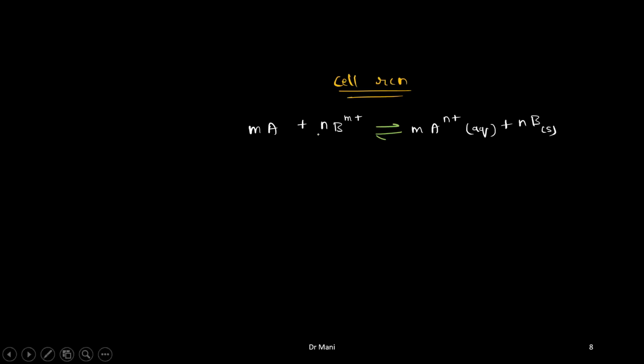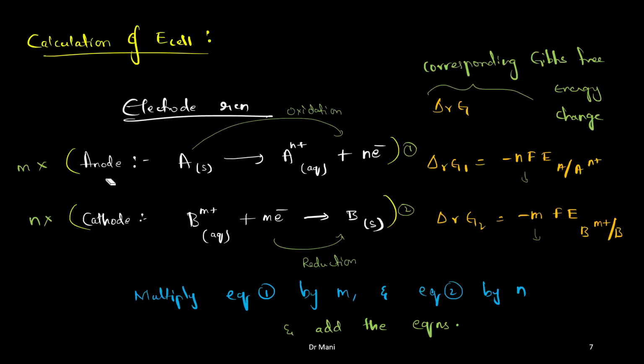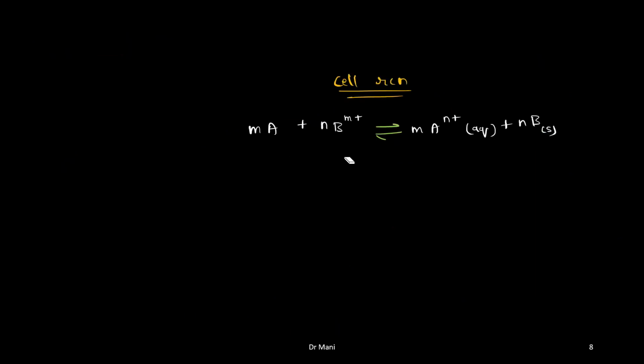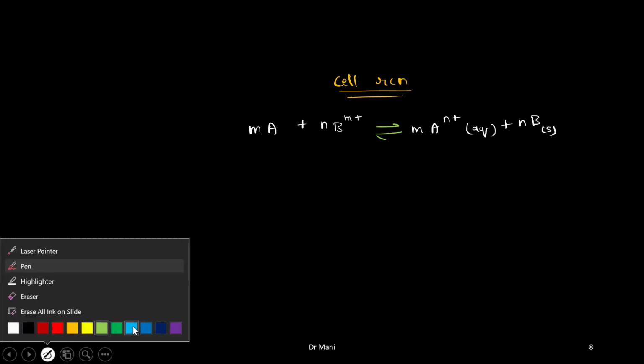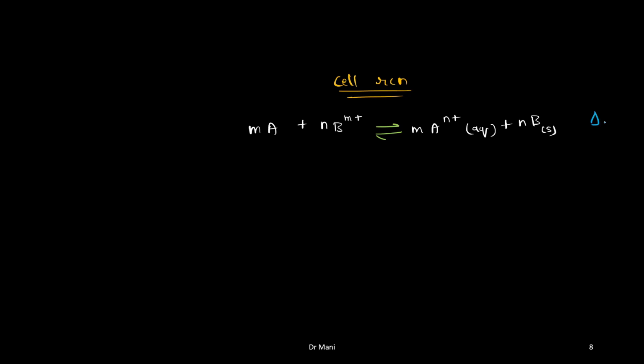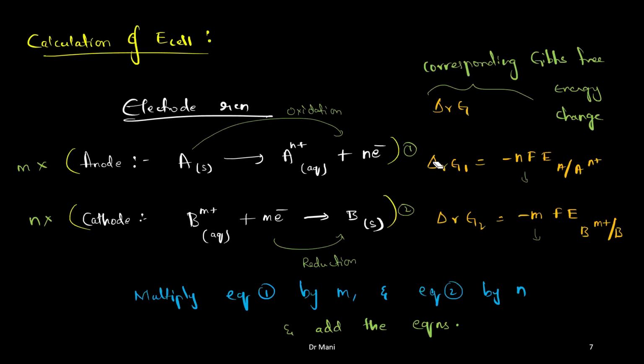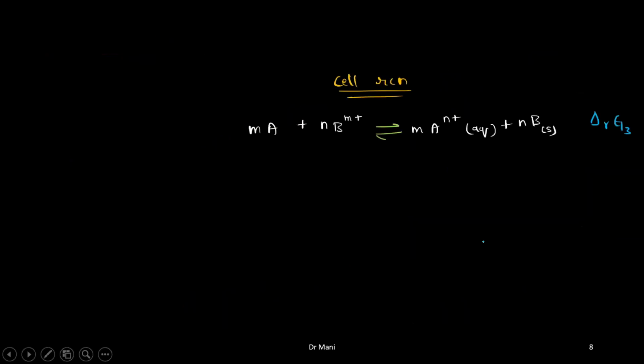Now I added both, so that is what I got on my left side. The same thing I did on the right side, which is the Gibbs energy. Let's say this is delta rG1 for this reaction, delta rG2 for this reaction, and for this entire equation, this is the third Gibbs free energy, delta rG3.